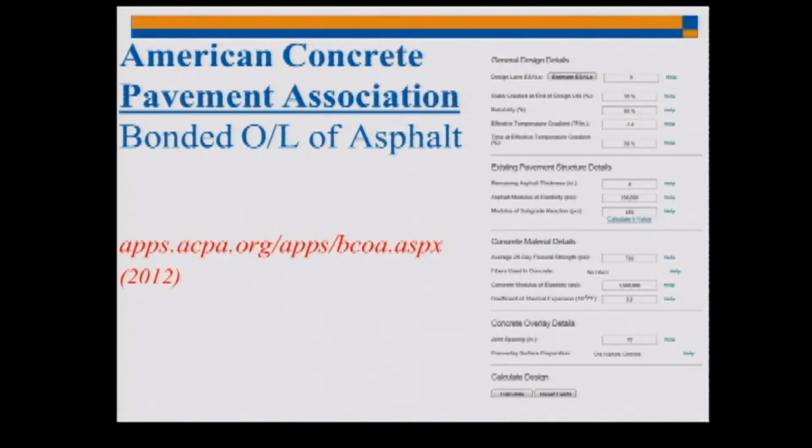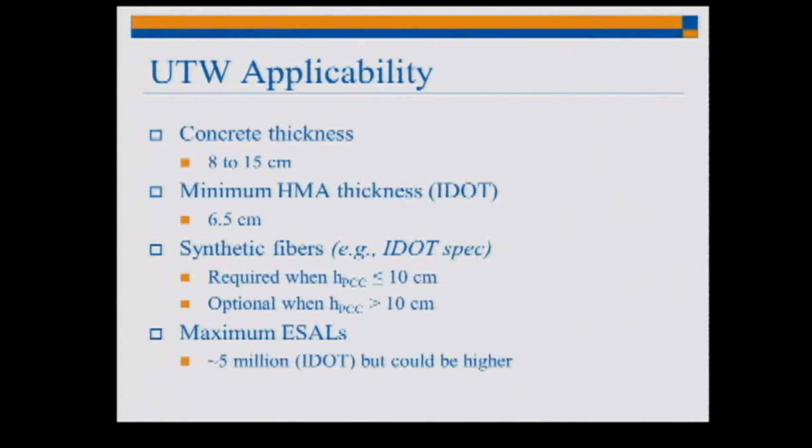Yeah, it has a climate effect here, so you can pick different locations, at least in the US, and you can design the thickness based on the local climate. So this is on the website of the ACPA if you're interested in running a structural design or getting an idea of what thickness requirements you may need.